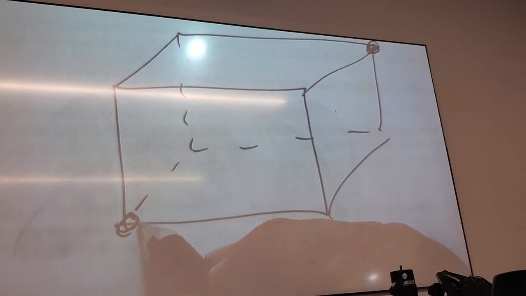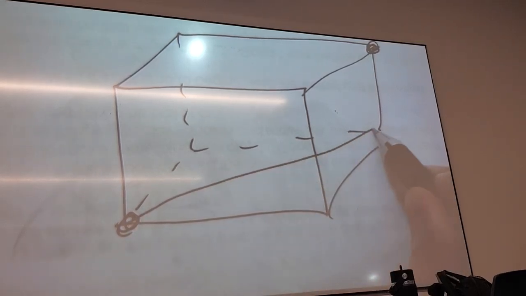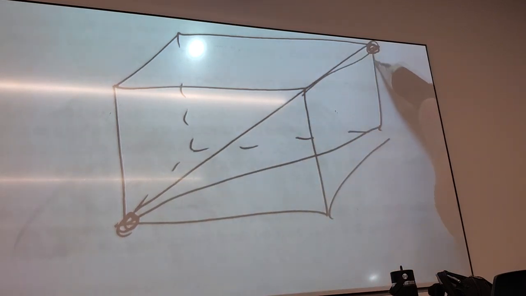Do you all agree that this is a right triangle that I just drew? How do you know that's a right triangle? Because this is definitely perpendicular to anything in the base, yes? Okay. So then if I know the height of this, and do you know the height of the drone?